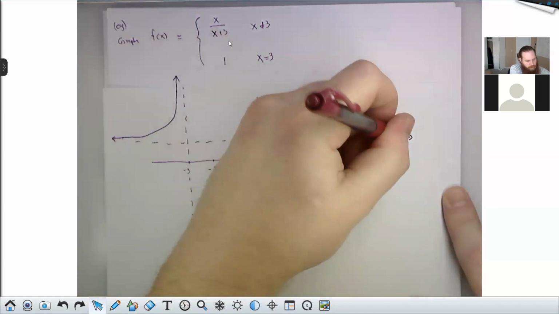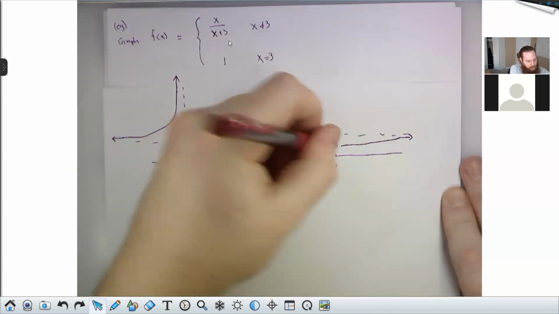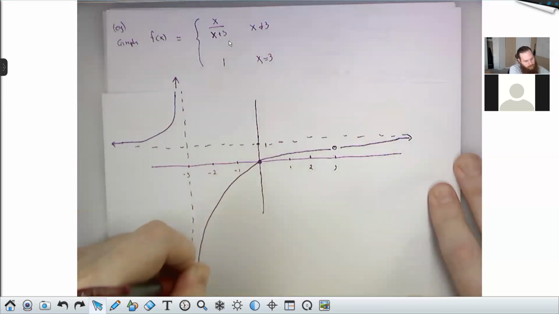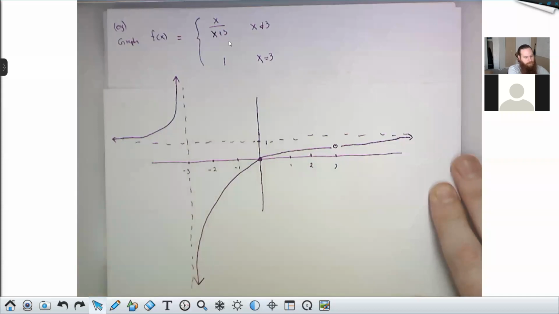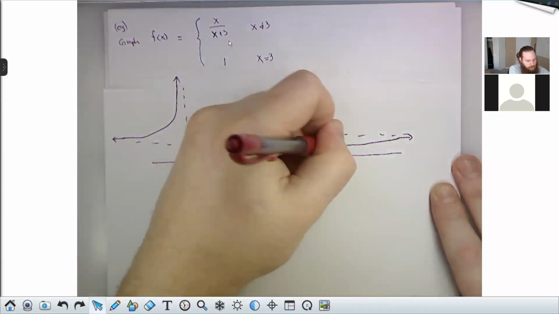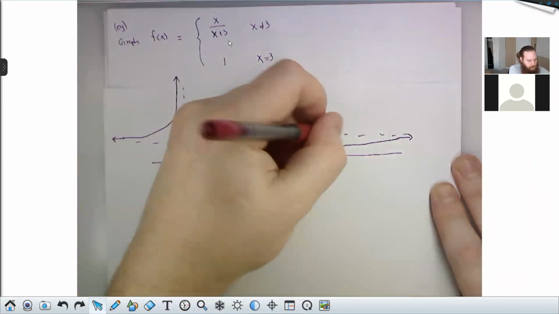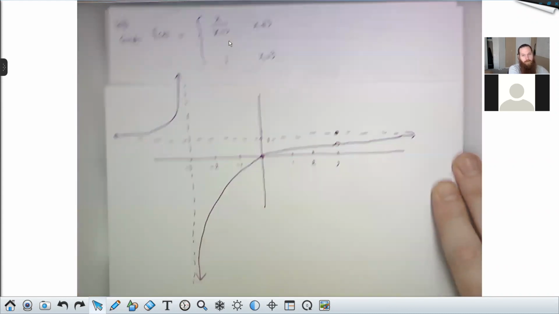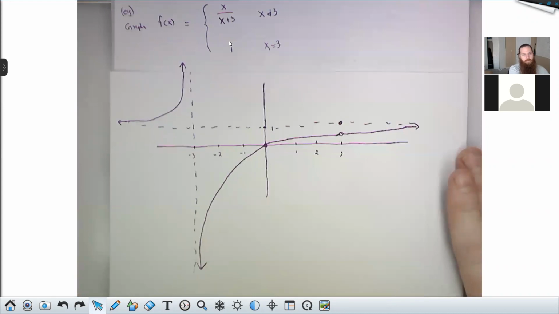So we're going to have this sort of behavior in here. And then if I want to graph the piecewise function itself, remember the function value was defined over here to be 1. So this is the graph of this function.